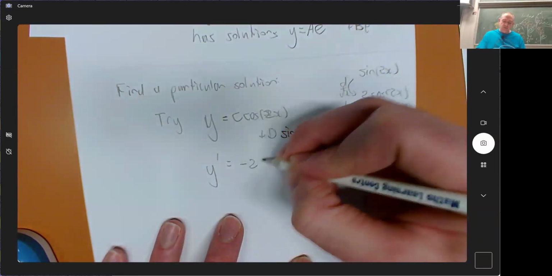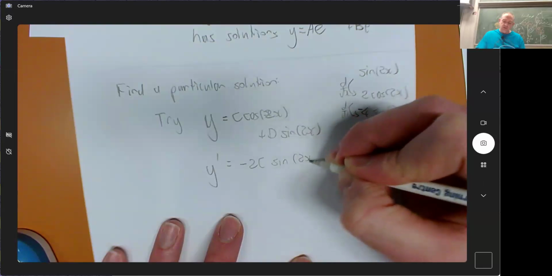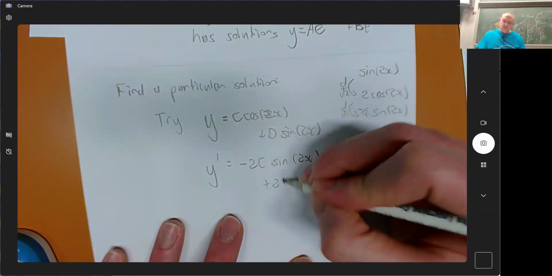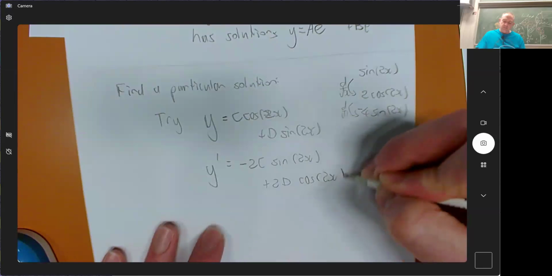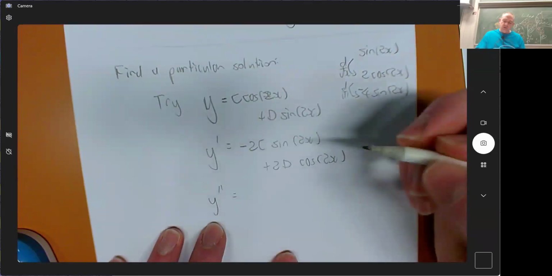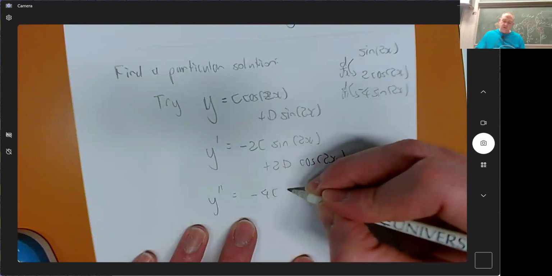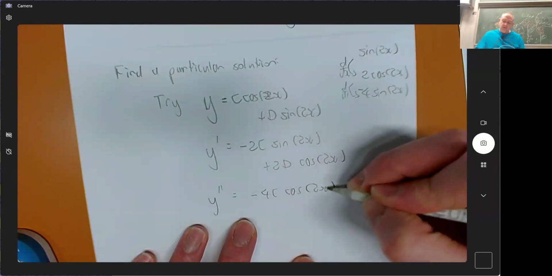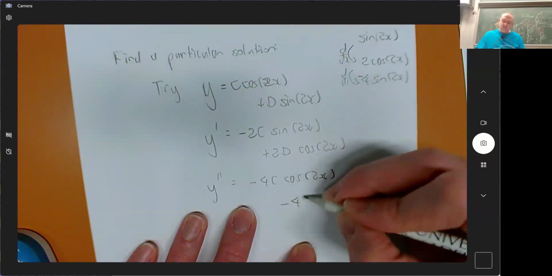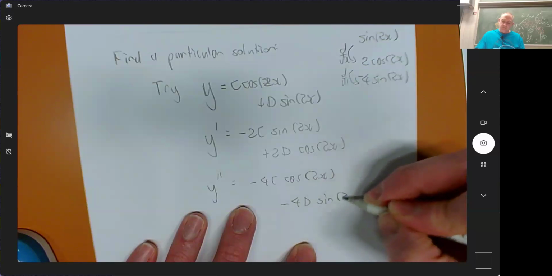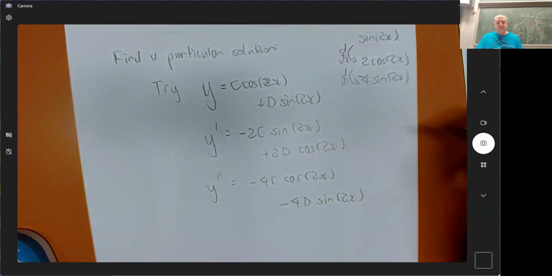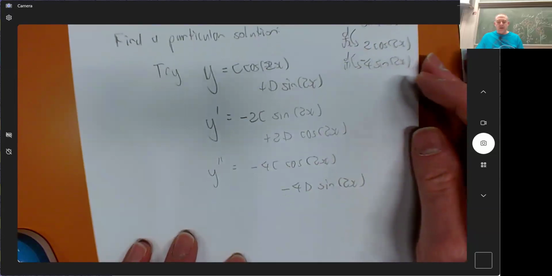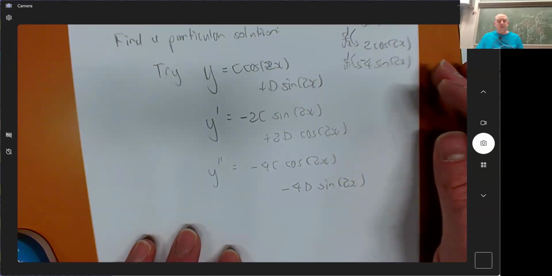So this will be minus 2c sine of 2x. And this will be 2d cos of 2x. Y double dash will be minus 4c cos of 2x. And this one will become a minus this time. And then what I really want is minus 6 lots of y dash.